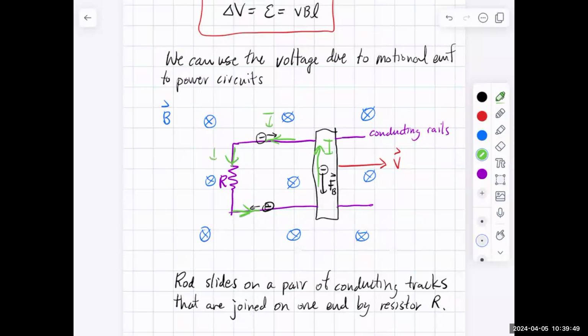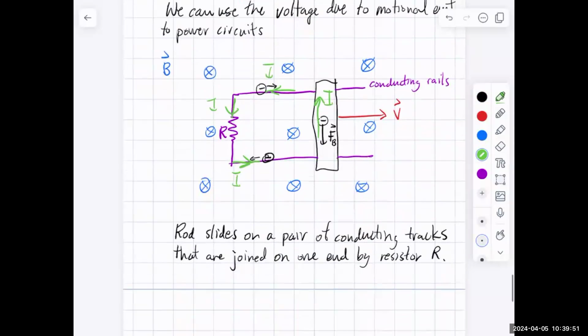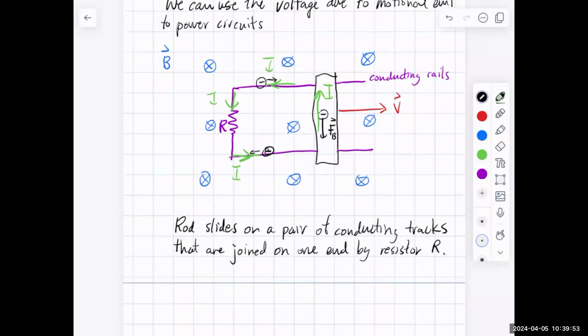So here's our current I. Okay, so electrons flow, what did we say? They go clockwise around our circuit, which corresponds to a counterclockwise current I.